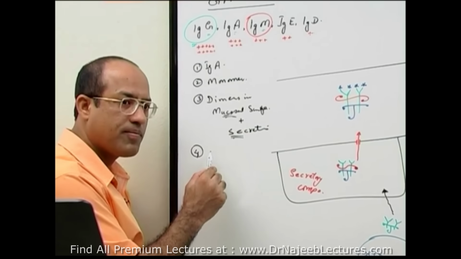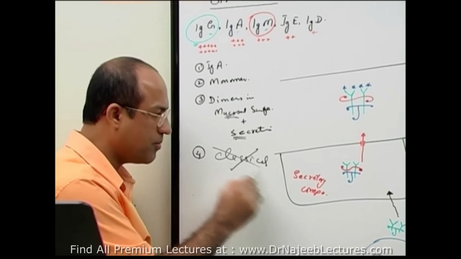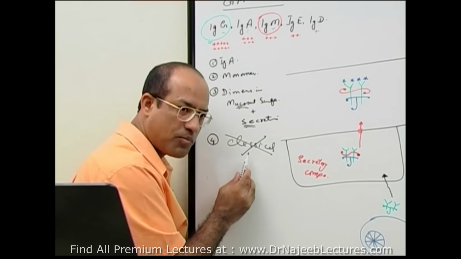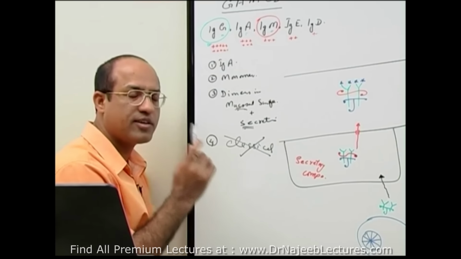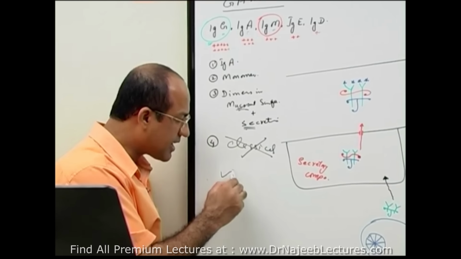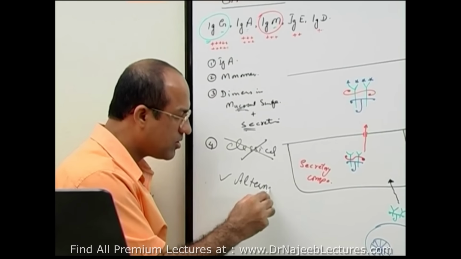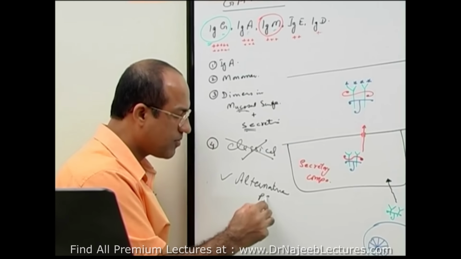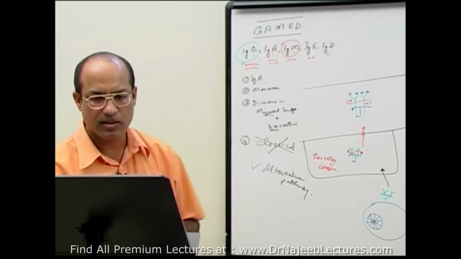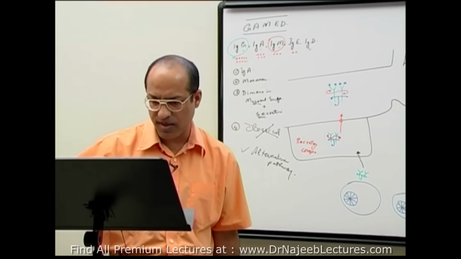IgG or IgM could activate the classical pathway, but IgA does not; it does activate complement by the alternative pathway.